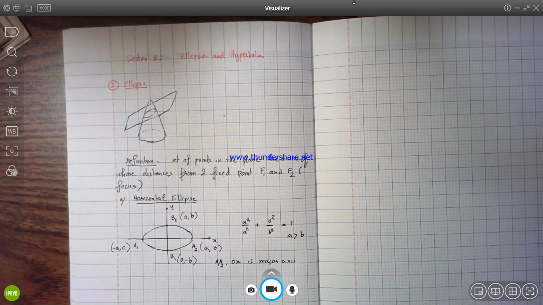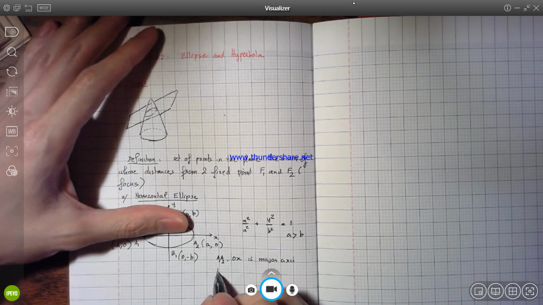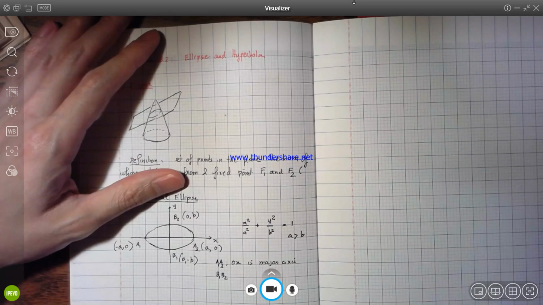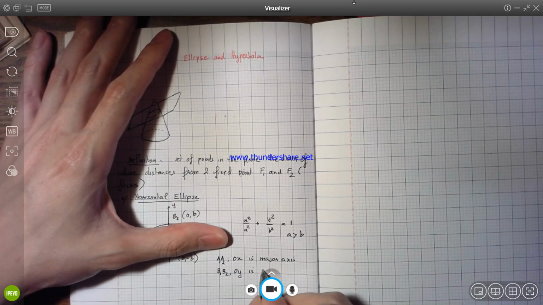A1, A2 is the major axis, and B1, B2 or OY is the minor axis.